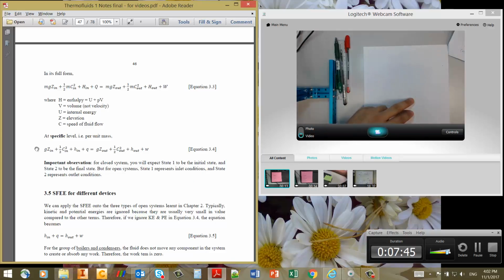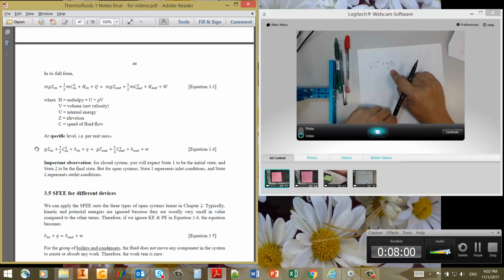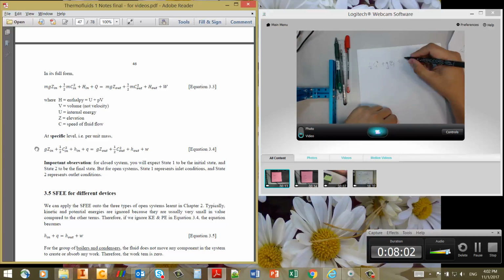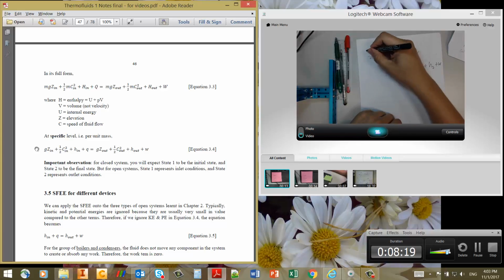The equation 3.4 can be written: at the inlet, half C inlet squared, where C is flow speed, plus g z1, this is potential energy at the inlet, plus H inlet, plus Q equals half C outlet squared plus g z2 plus H2 plus W.